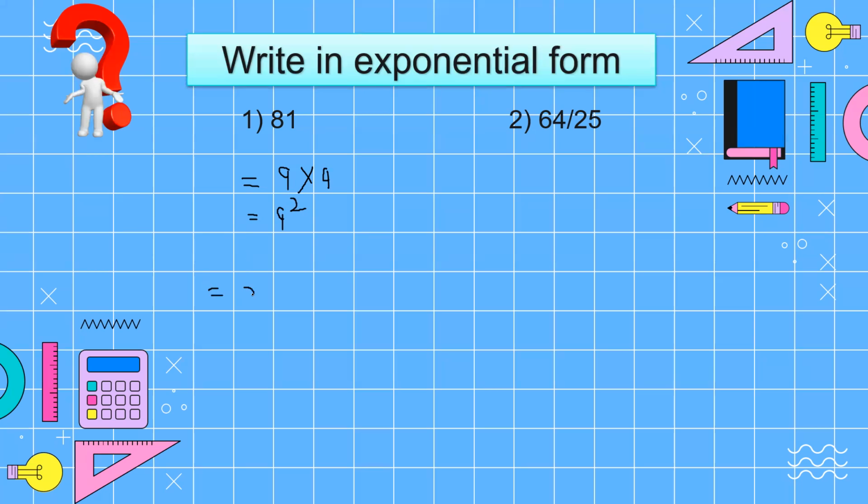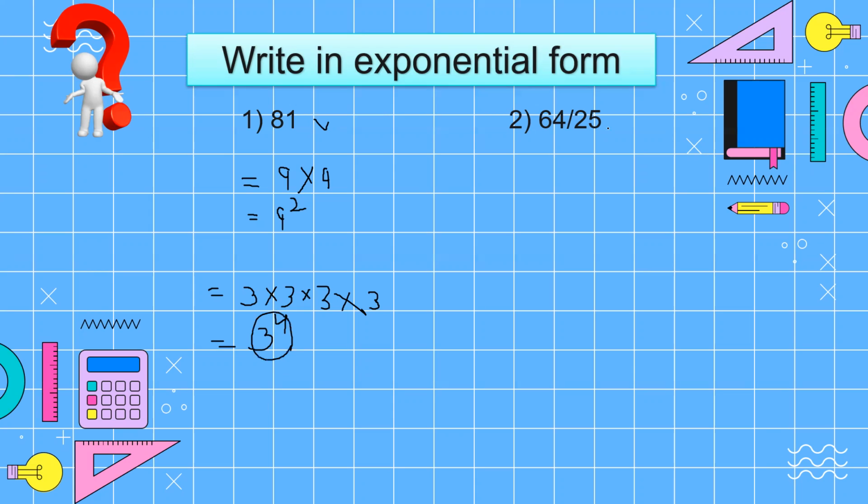So you can do 3 cross 3, 3 threes are 9, and again multiplied by 3 and multiplied by 3, right? So we can write it as 3 raised to power 4. So here we have written 81 in the exponential form, which is 3 raised to power 4.